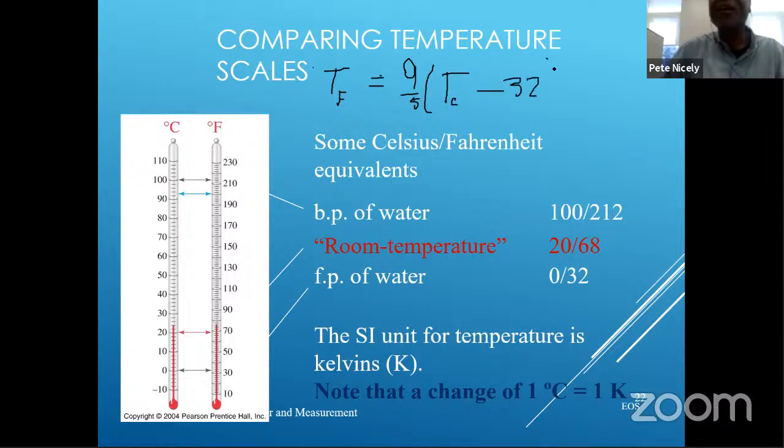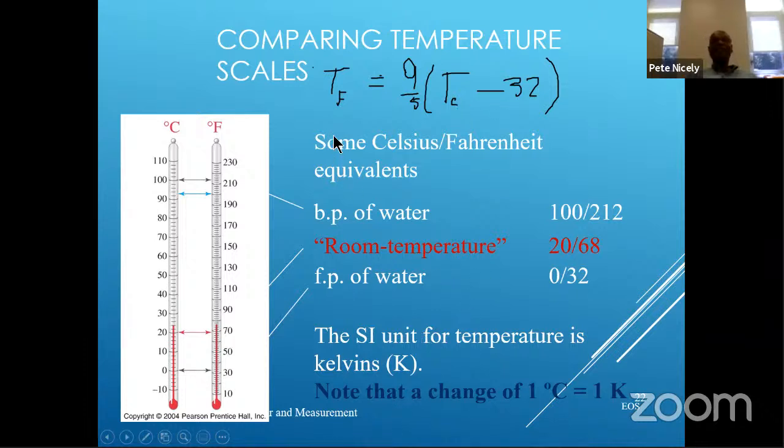All right, I hope you can make that out. So that's the relationship between the temperature in Fahrenheit and the temperature in Celsius. It's 9/5 times the temperature in Celsius minus 32.